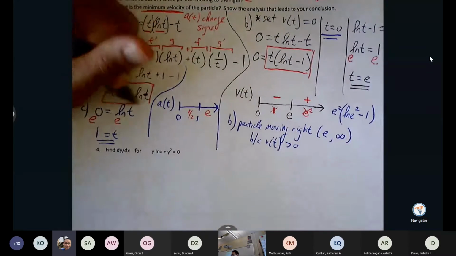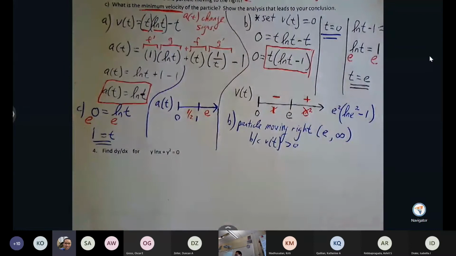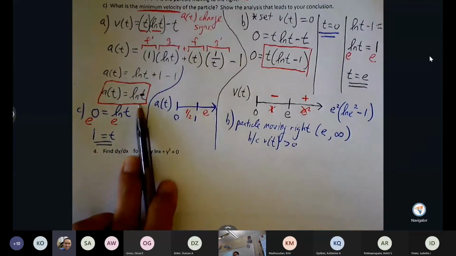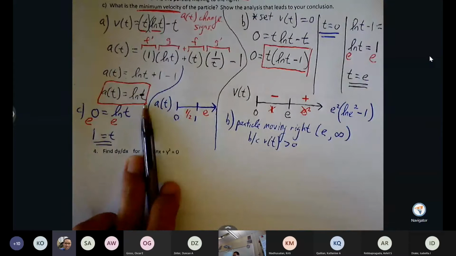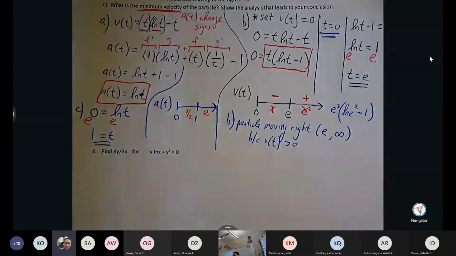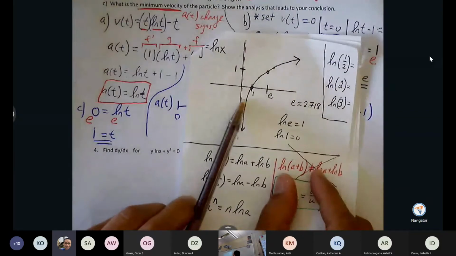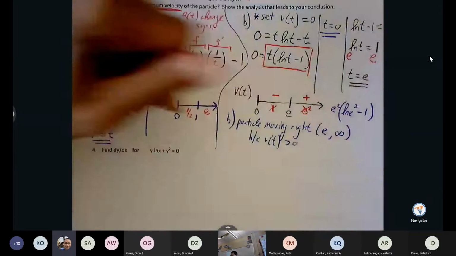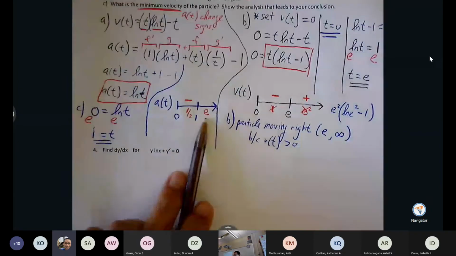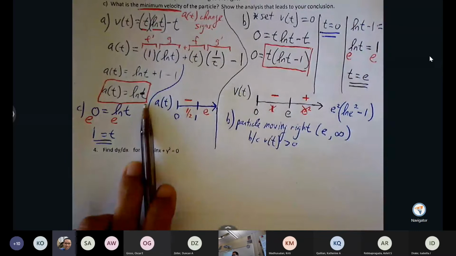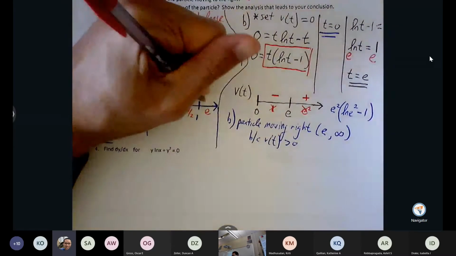Back into my acceleration function. So 1/2 in for t, natural log of 1/2, that's a negative value. You can look at the graph of natural log to convince yourself of that, or you can plug it in the calculator. Natural log of 1/2 is going to be somewhere here, so definitely negative. If I plug e in for t, natural log of e, is that positive or negative? Positive, yeah.